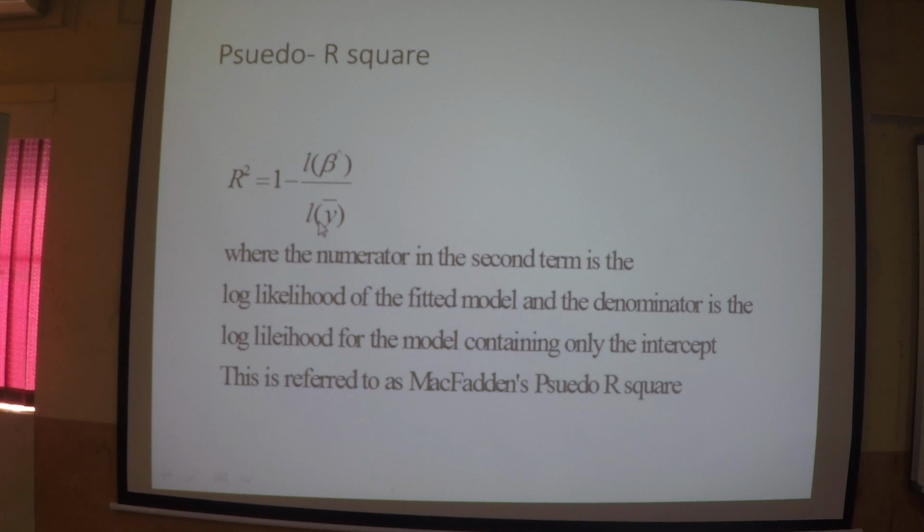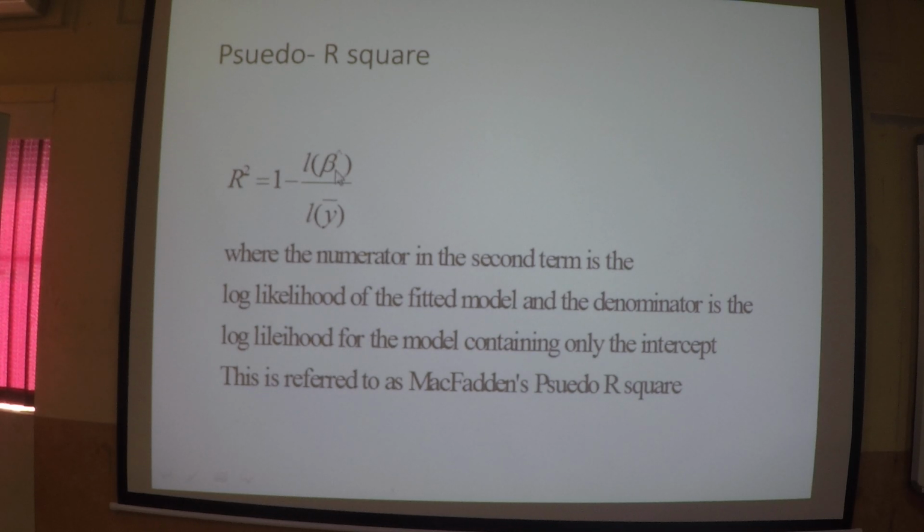The larger the restricted likelihood is relative to the unrestricted likelihood, the smaller this ratio will be. So you said LR will be greater than LUR, but because of the negative values we interchange.